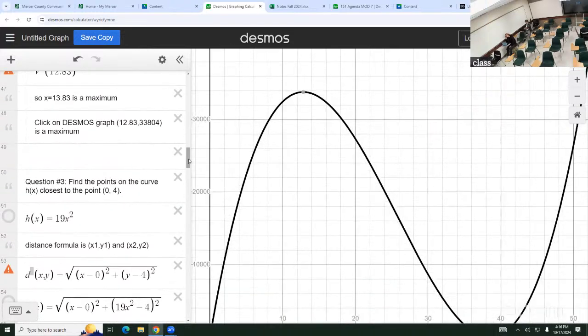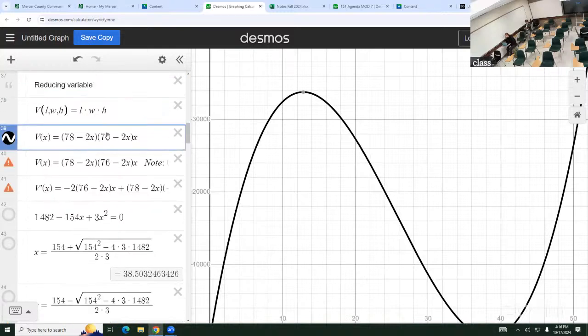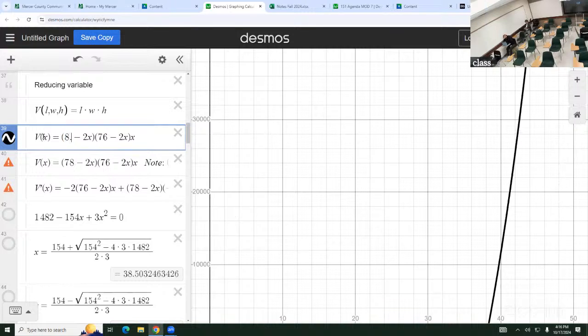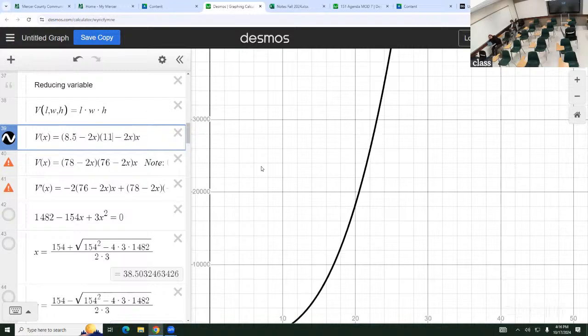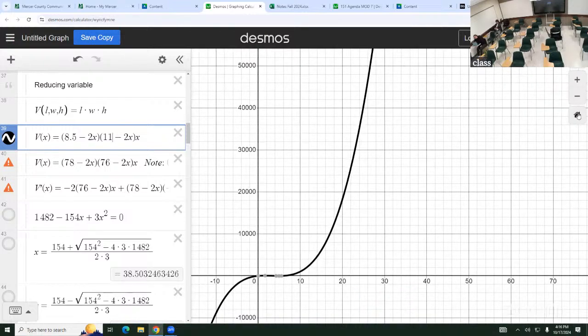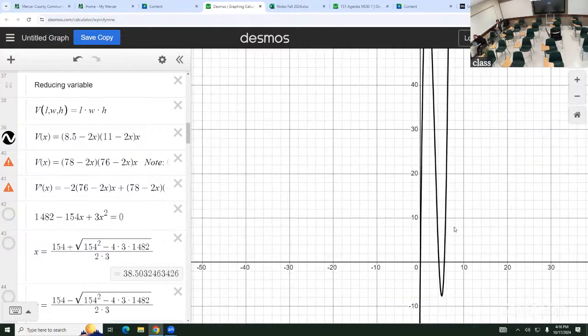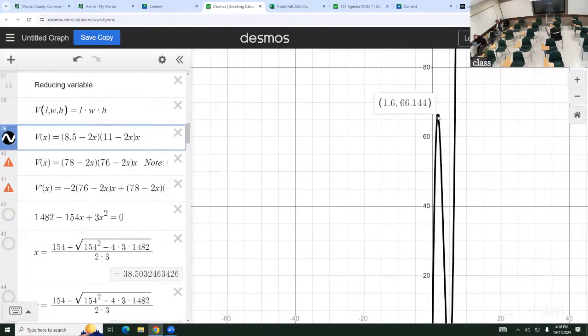Okay, I like this, and I like it because if I said any piece of paper, if it was 8.5 by 11, you know, that's a regular piece of paper, right? 8.5 by 11. Okay. Again, all I have to do is make sure I can see that maximum. There it is.